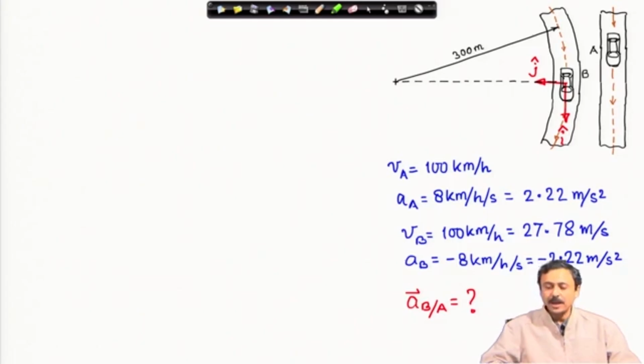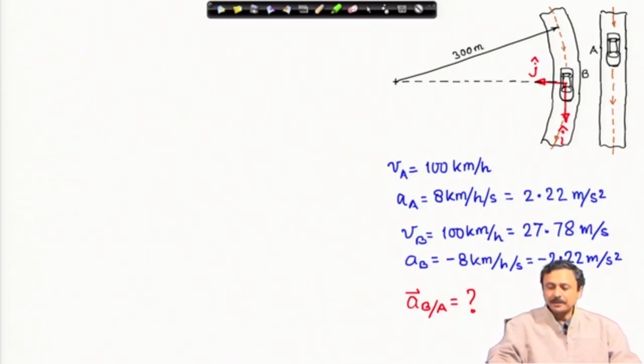I have fixed up i cap and j cap at the current location of B, but remember this i cap and j cap are a fixed coordinate system, they are not moving with B, they are not rotating with B. B is a rotating car, it is rotating because it is moving on a curved path, but the i cap j cap frame that I have shown here is a fixed frame. I am using it to represent things.